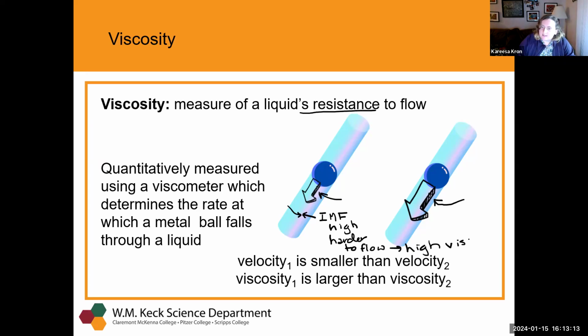Whereas if something has potentially smaller intermolecular forces and it's easier to move, it might have a lower viscosity.